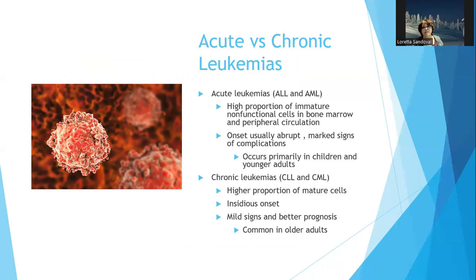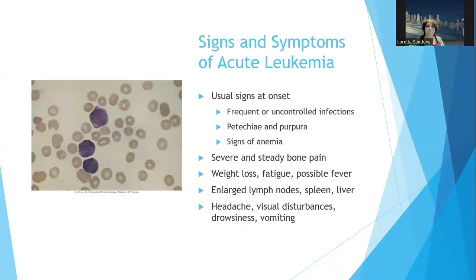Chronic leukemia, CLL and CML, there's a higher proportion of mature functional cells. So that's why you can function with it over the years. It's an insidious onset, mild signs, and a better prognosis, and it is common in older adults. So acute, severe signs, not as good a prognosis. Chronic, mild signs, and a better prognosis.